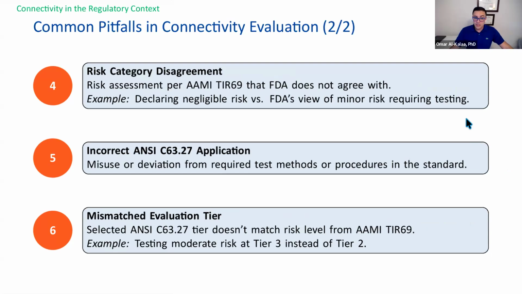Next up is the risk category disagreement. As I mentioned in the AMETIR 69 document, you go through a process to determine the risk level, the risk category of your device wireless function. Sometimes manufacturers pick the wrong category and say, my device has a negligible risk, and FDA comes back and says, we disagree.